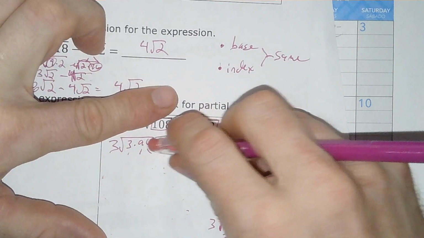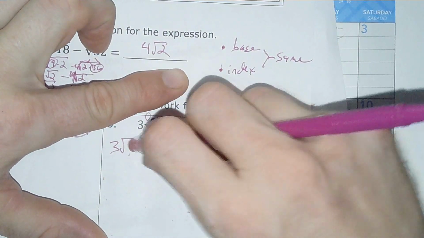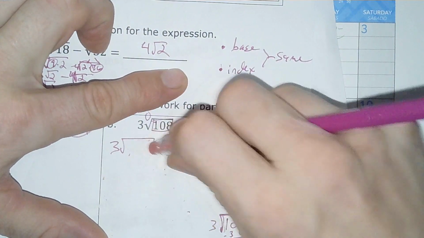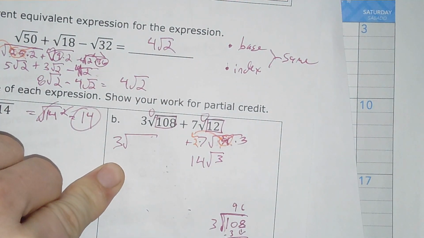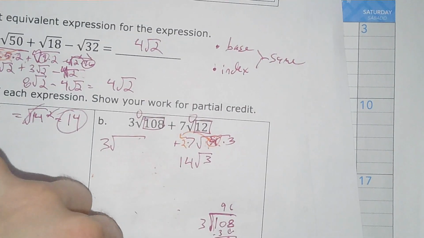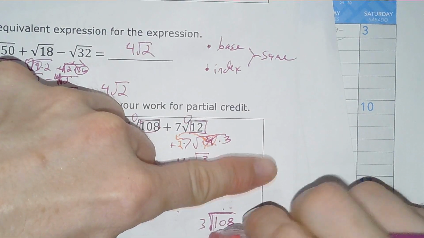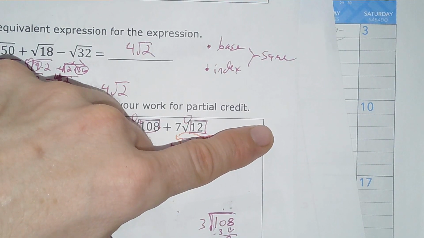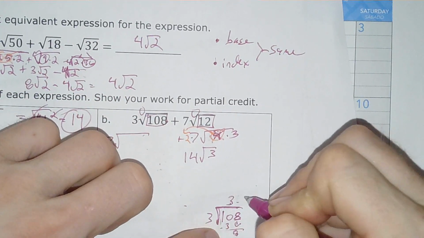I made a big mistake at the beginning when I said the factors of 108 were 3 and 96. I don't know where I got that from. So 108, I don't know what I was doing here. We're looking at 3 and 36.